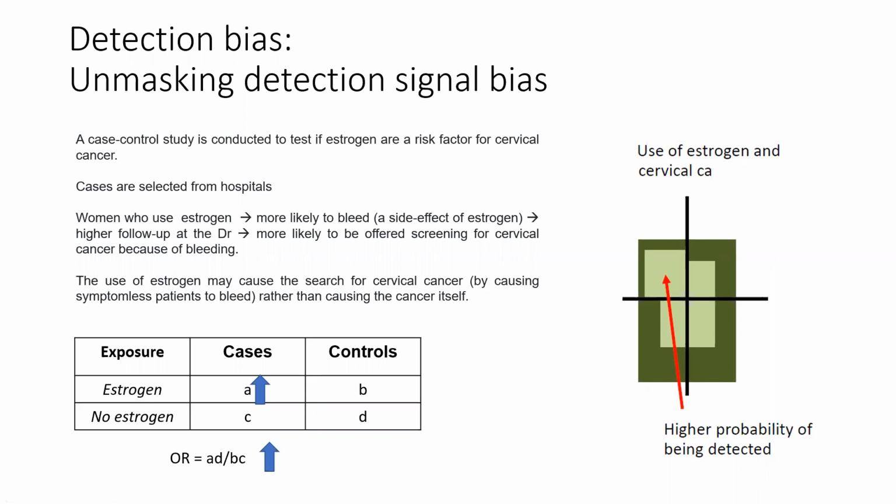The issue is not the screening per se. It's that the exposure they have, which is estrogen, increases the likelihood of being detected and classified as a case. So your issue is in here.